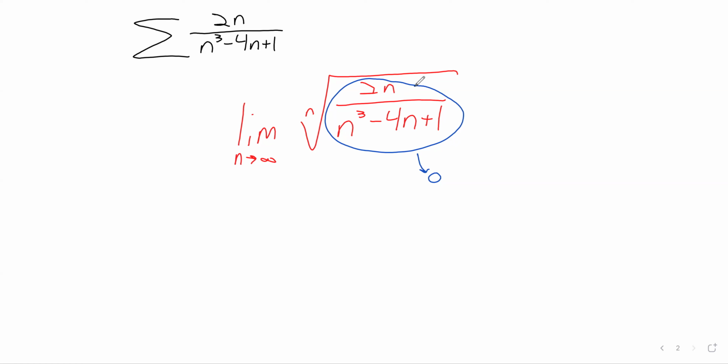So this nth root is driving everything towards 1, and 1 is a failure state. If the limit is 1, then we can't use this test.